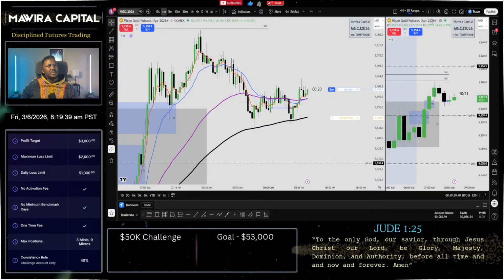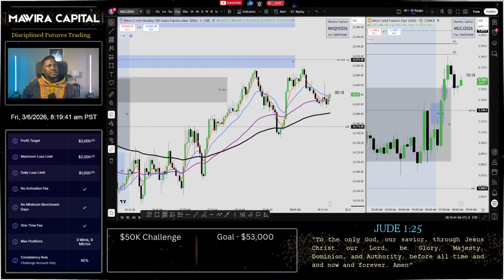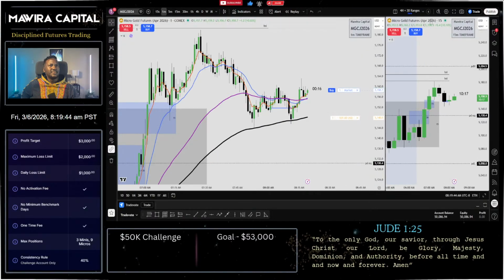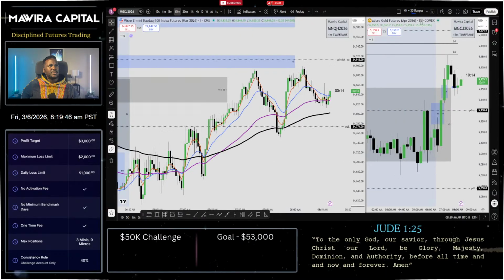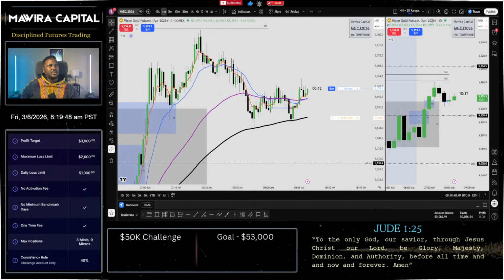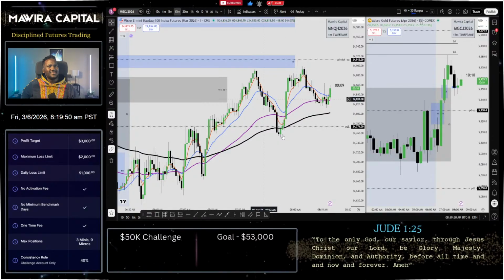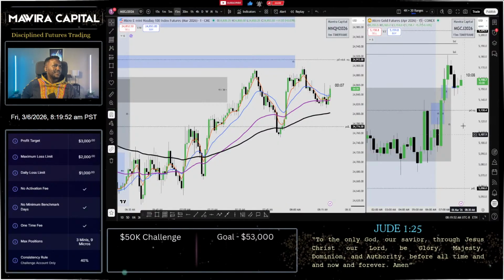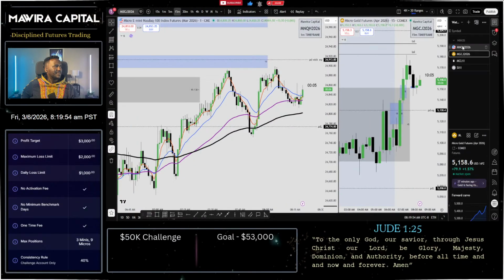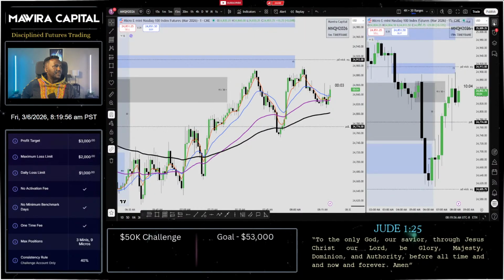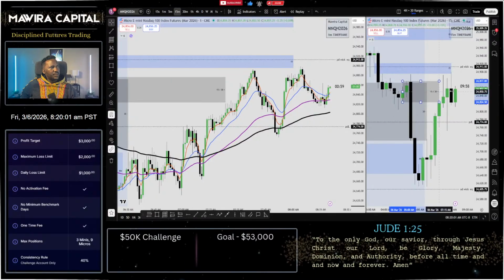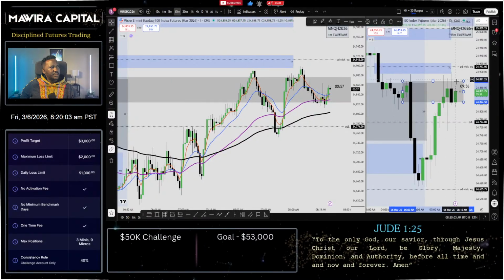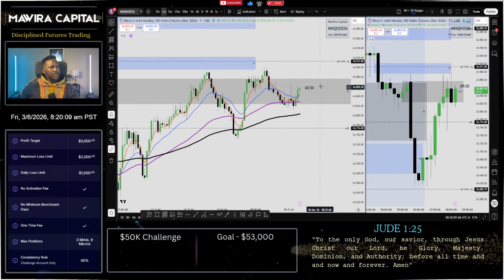Wait. You know what? Okay. So waiting for a 15-minute candle closure above that zone for me to consider longs on Nasdaq.